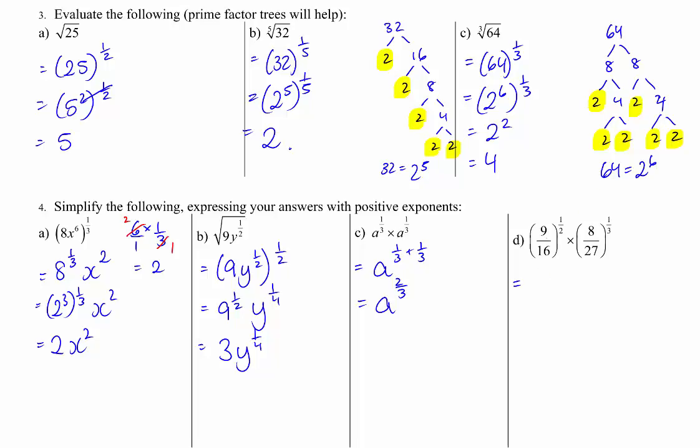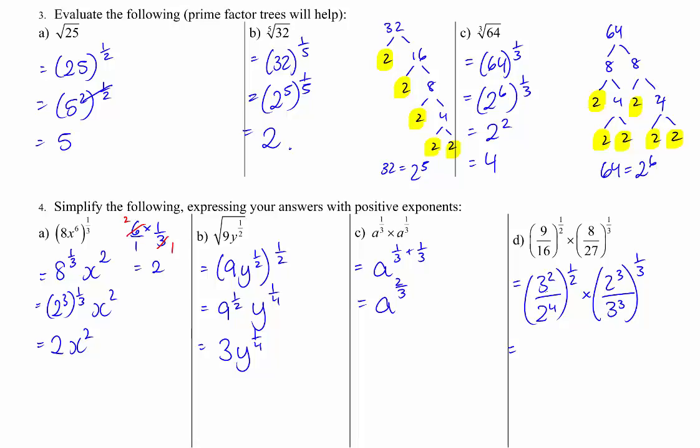Next, I have 9 to the power of a half, and I'm going to change all of these to prime factors. So 9 is 3 squared, 16 is 2 to the power of 4. I'm not bothering writing the prime factor tree, so you can do it if you want to prove it to yourself. 8 is 2 cubed, 27 is 3 cubed.